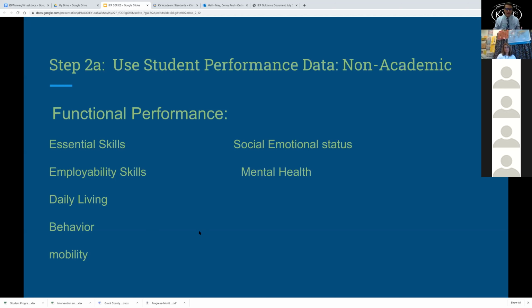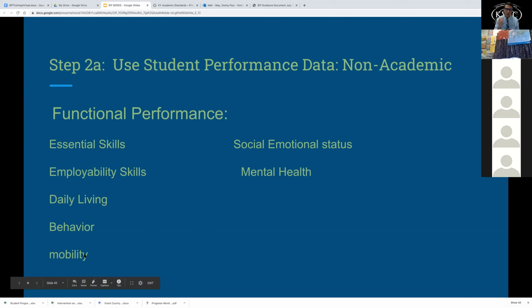We know that the expectation is in the law that if you have a student that is having behavior issues, that you have a charge to create a goal around that so that you can replace negative behaviors, unwanted behaviors with positive behaviors. And we just had a training session on that last week. So I want you to understand that. Then we're looking at mobility.